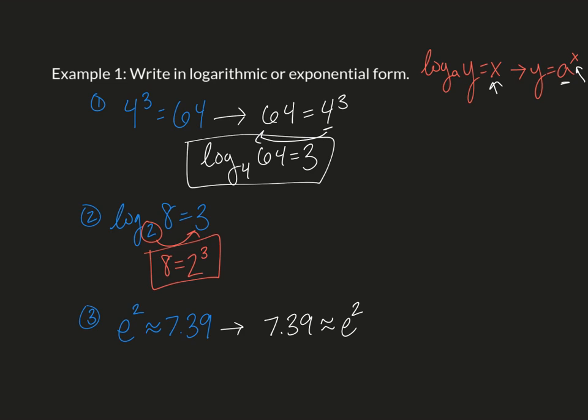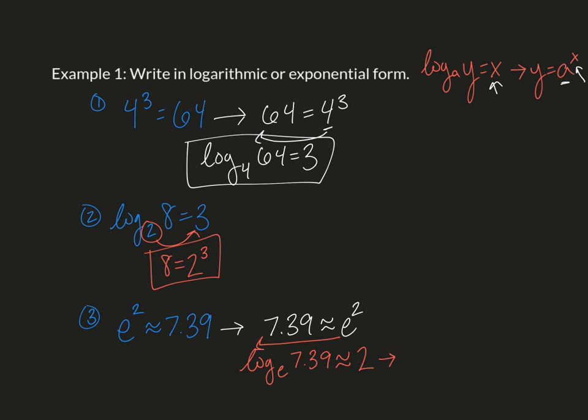What I do now is I know that this e is going to have to move over and become the base. So I'm going to have a log with a base of e of 7.39 is approximately equal to, and that power of 2 is going to come down and be a regular 2. If you remember from the vocab, there is a shorter way.